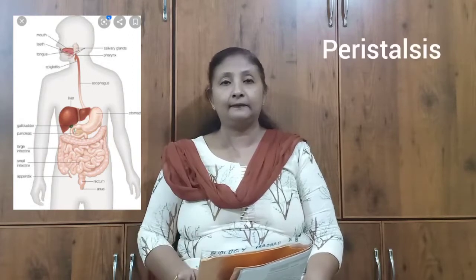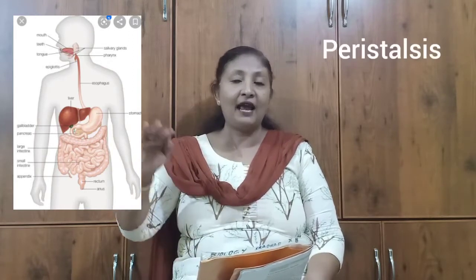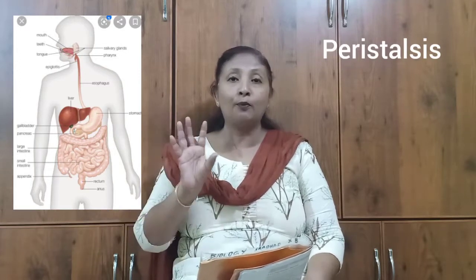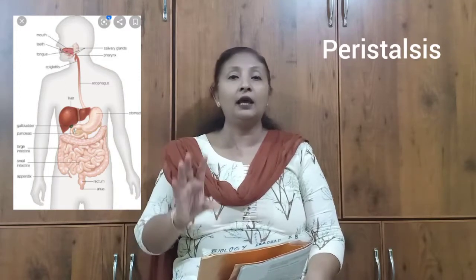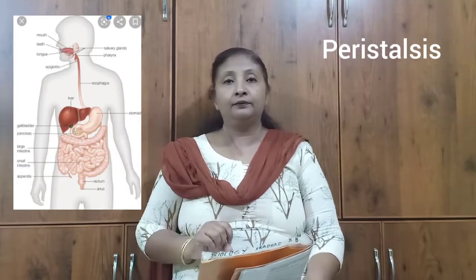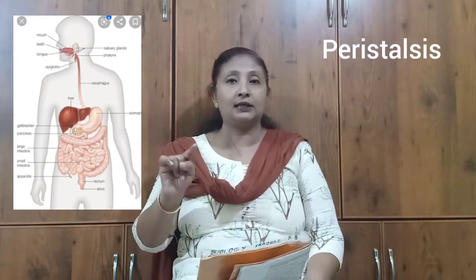The whole of the alimentary canal, there is a wave-like movement. This wave-like movement is known as peristalsis. This wave-like movement helps to push the food forward in a regulated manner. The alimentary canal is made of circular muscles.